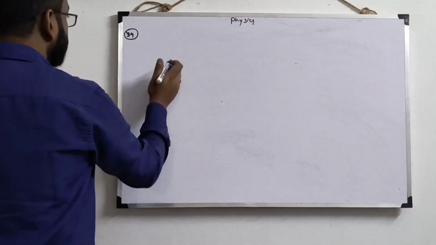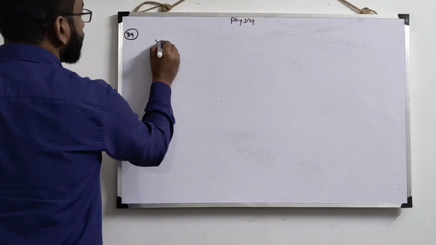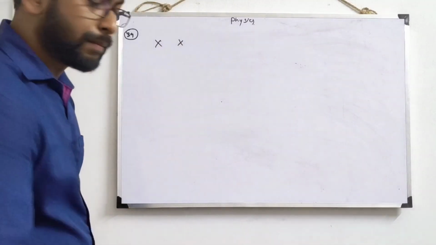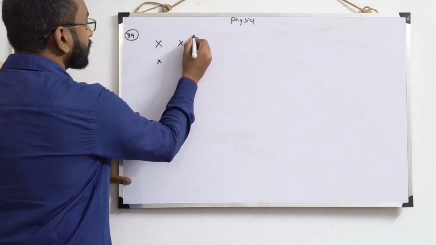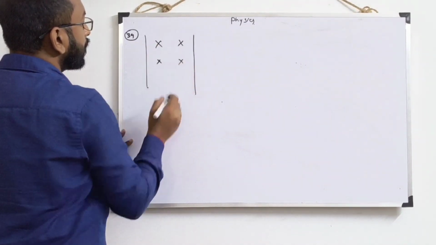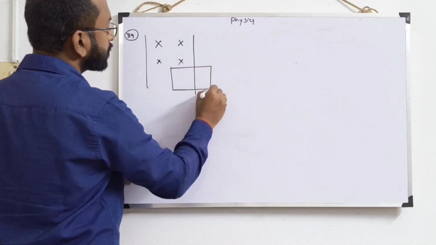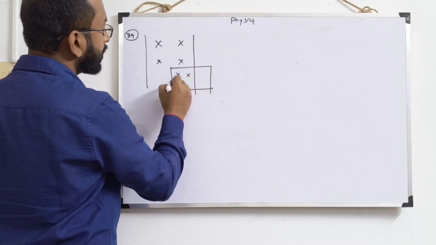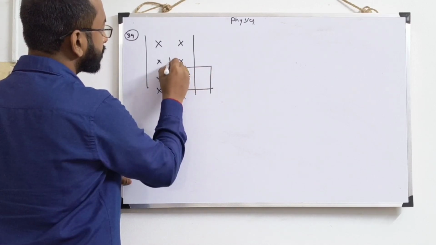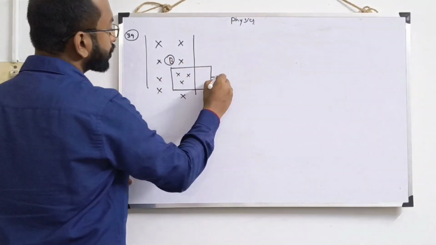graphical question. Okay. So let's say there is some magnetic field region. This is a magnetic field region. One rectangular loop is moving out from the magnetic field. So inside there is a constant magnetic field, and it is moving out with constant velocity.